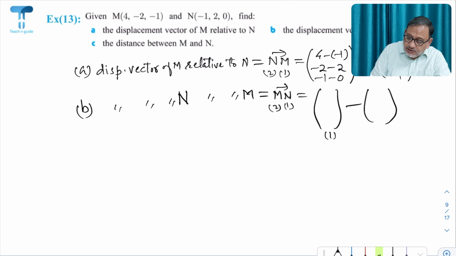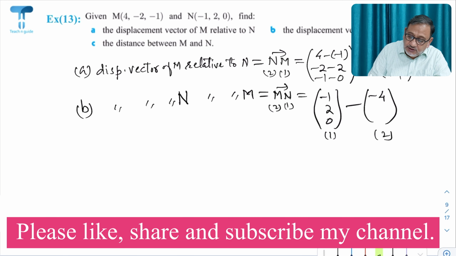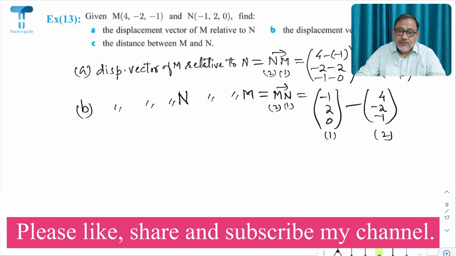So first here, second here, N minus M. So N is minus 1, 2, 0. Let me write all the N components, then M components, no need of negative sign here. Later on it is going to be negative, so 4, minus 2, minus 1, right?